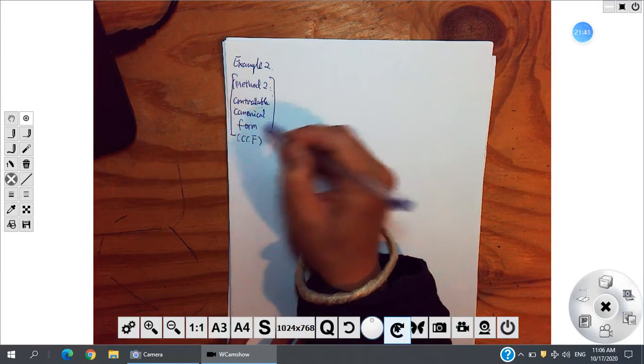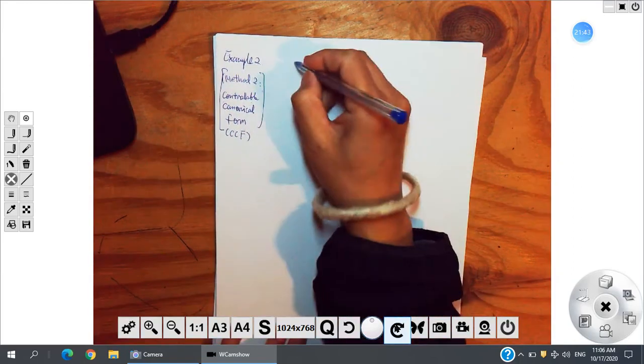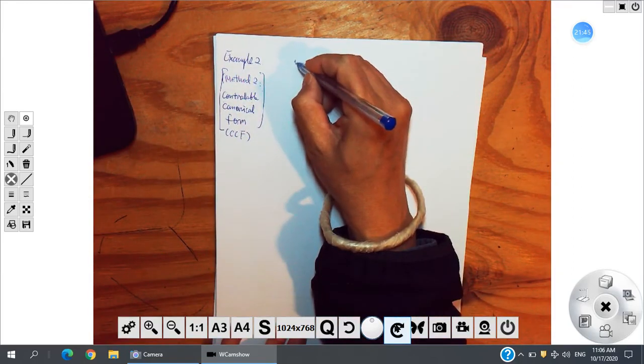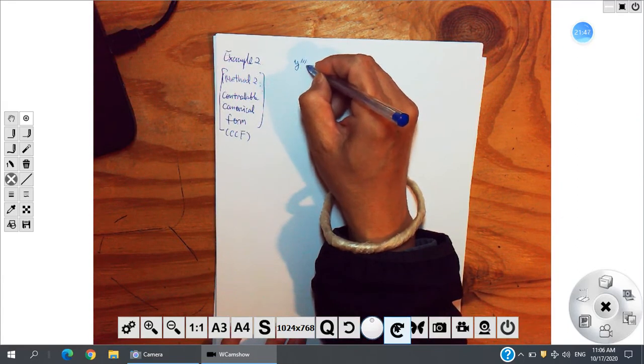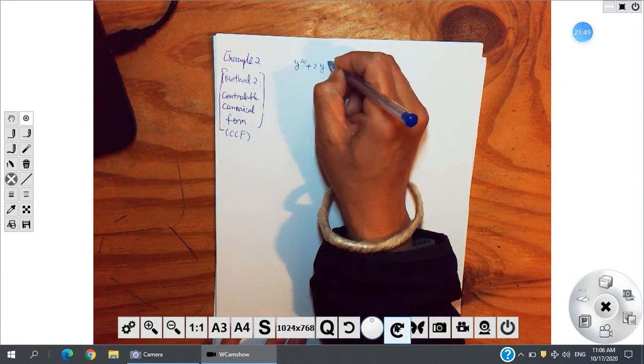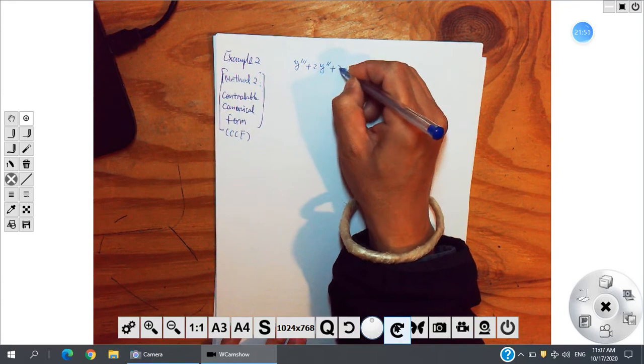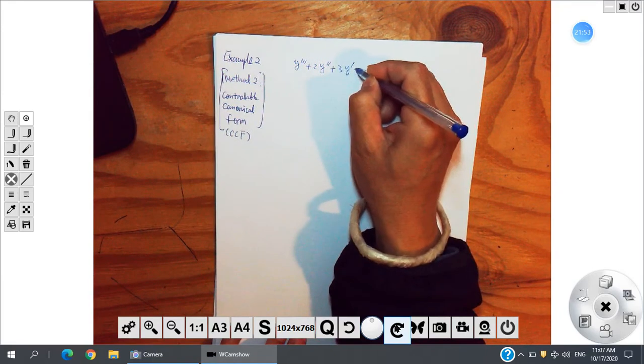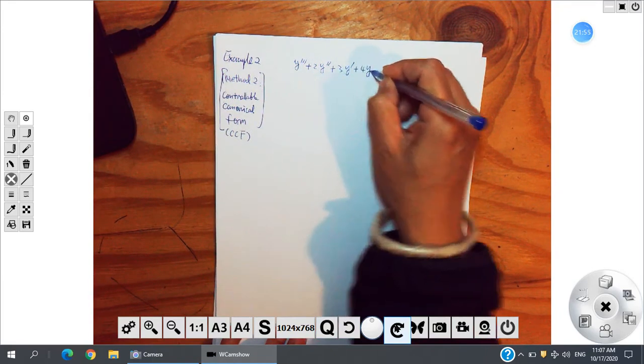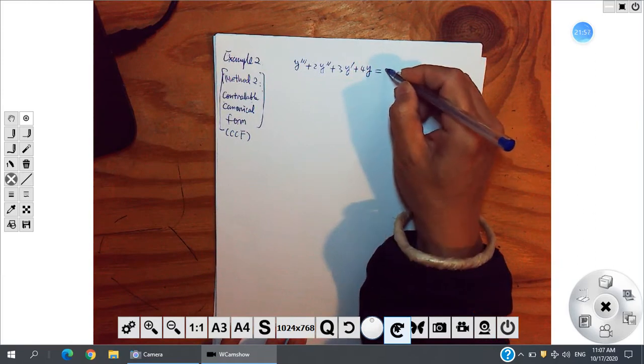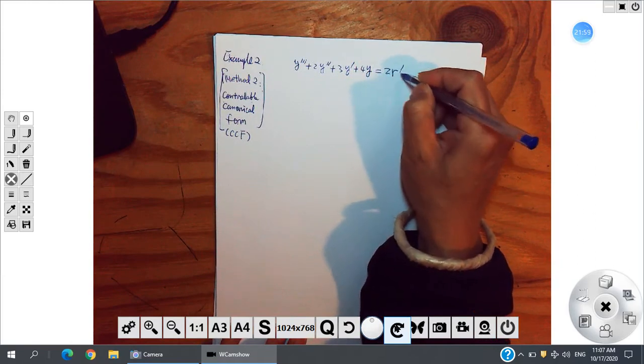We still use a similar equation: the third derivative of y plus 2 times the second derivative of y, plus 3 times the first derivative of y, plus 4 times y itself, equal to, but now I have 2 times the derivative of r plus 3r.